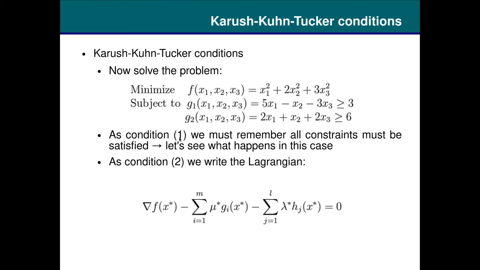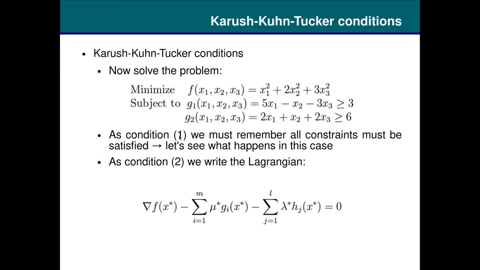What is the first Karush-Kuhn-Tucker condition? The first condition is I must satisfy my constraints. You know what's interesting? I can go for the second condition at first, find the values, go back to the first condition and verify if my constraints were satisfied or not.